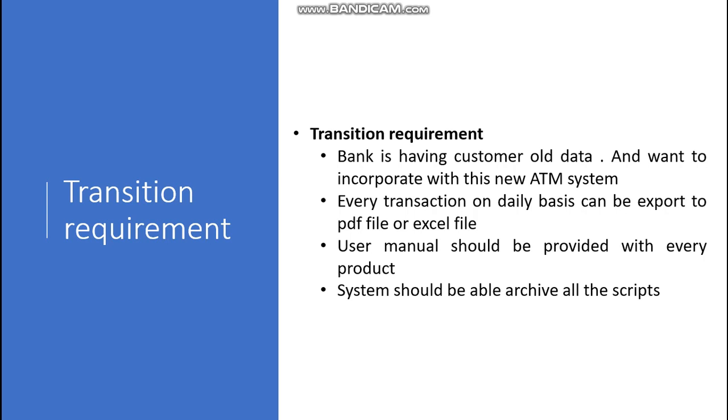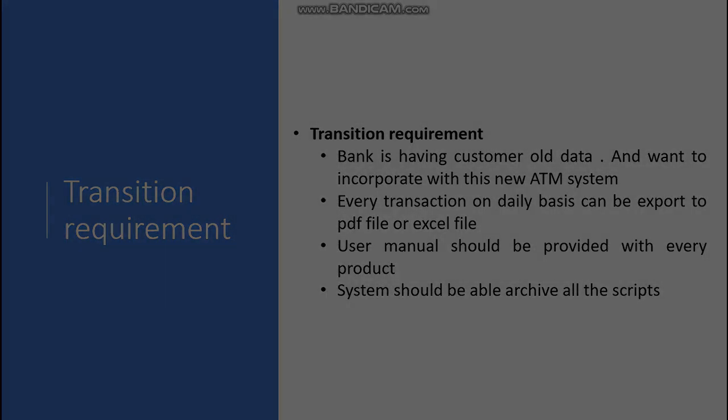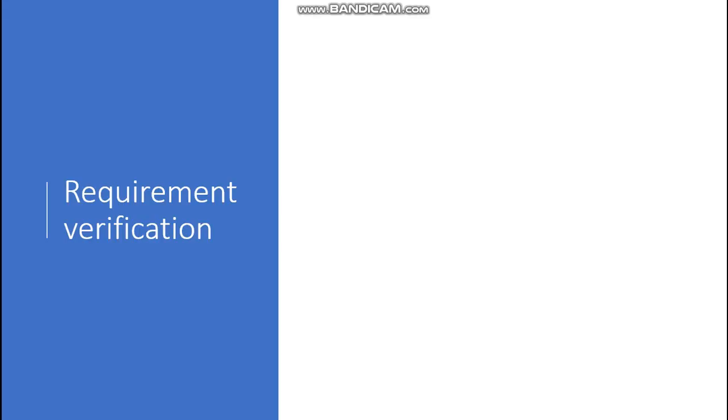A transfer of data or knowledge is taking place, so it is a transition requirement. A user manual should be provided with every product. A user manual is a transfer of knowledge, so it is a transition requirement. So these are the requirement categories.